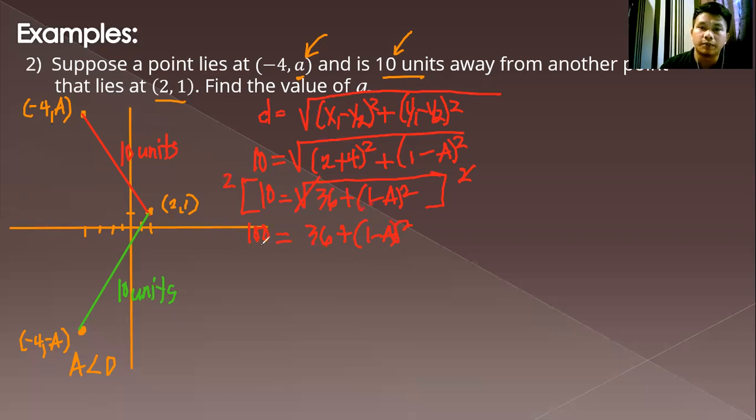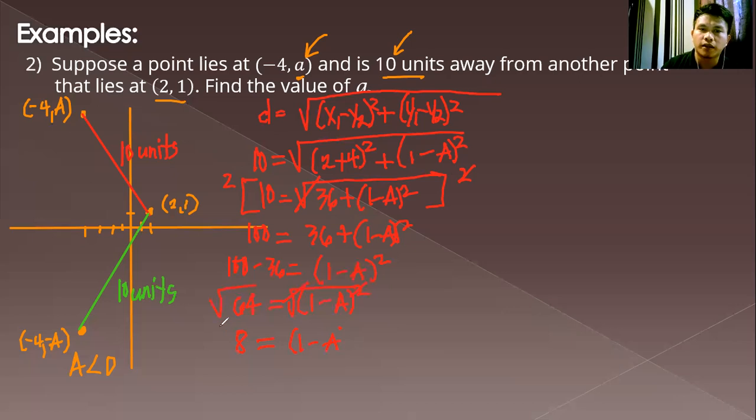Transpose natin or ilipat itong 36: 100 minus 36 is 64, which equals (1 minus a) squared. No need to expand this because we can extract the root para matanggal natin itong square. The square root of 64 is 8, which equals 1 minus a.